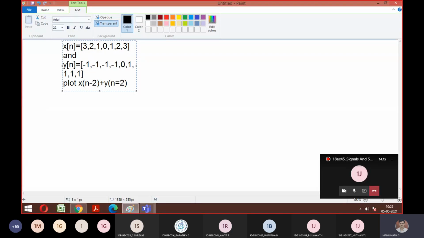So you should perform addition, subtraction and multiplication. It is a 12 marks question, so just underline it. I have just mentioned the plot for the positive plus; in the same way you should do subtraction, and in the same way multiplication. All three have to be done for this given sequence.